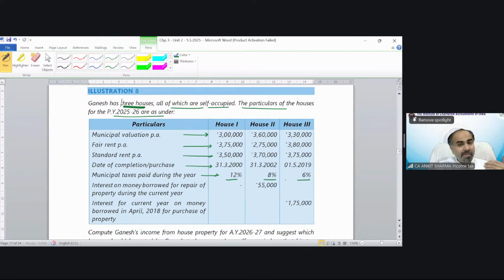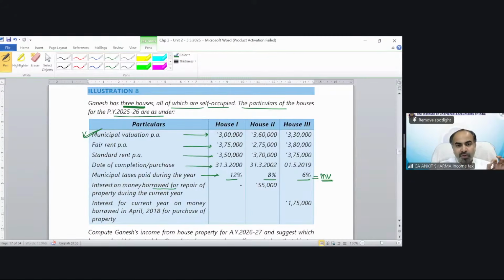It has not been mentioned whether the percentage is on fair rent or municipal value. So always remember, if the municipal tax percentage is given, it is automatically considered on municipal value.